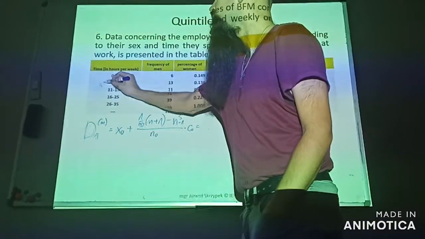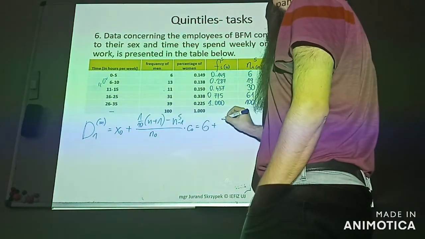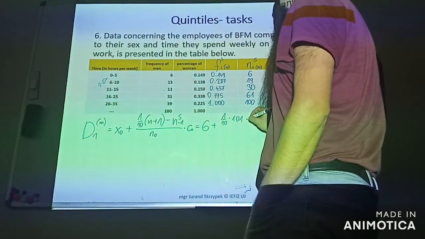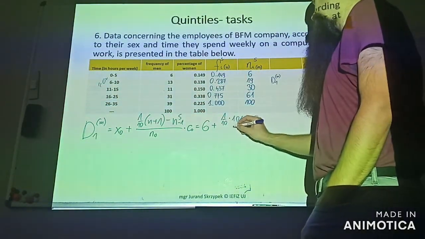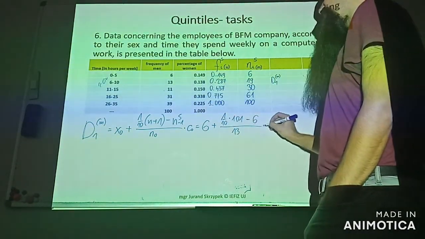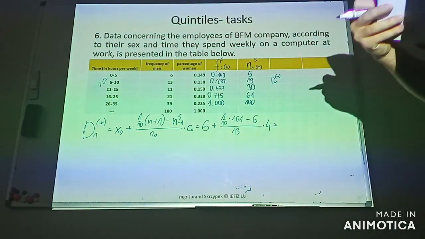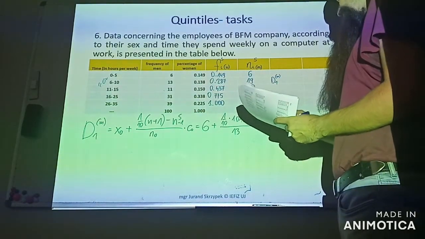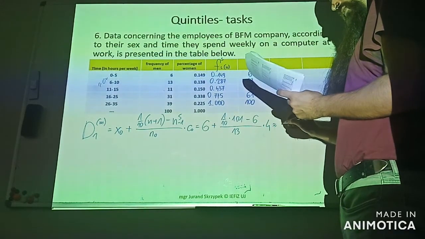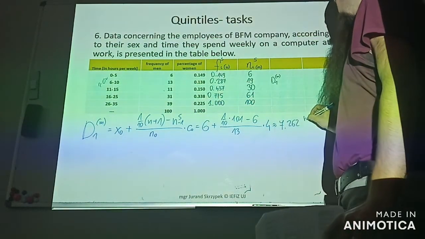So the 0 level is placed in the second class, and we have 6 plus 1/10 multiplied by 101 minus 6, the cumulative frequency from the previous level, divided by 13 multiplied by C0, which is 4. And the final result is, dear friends, 7.262 hours per week.